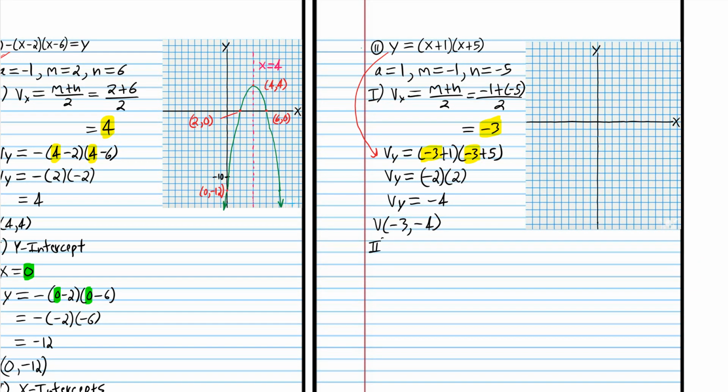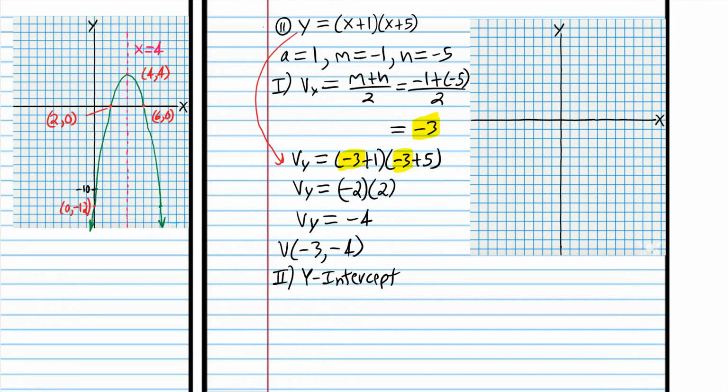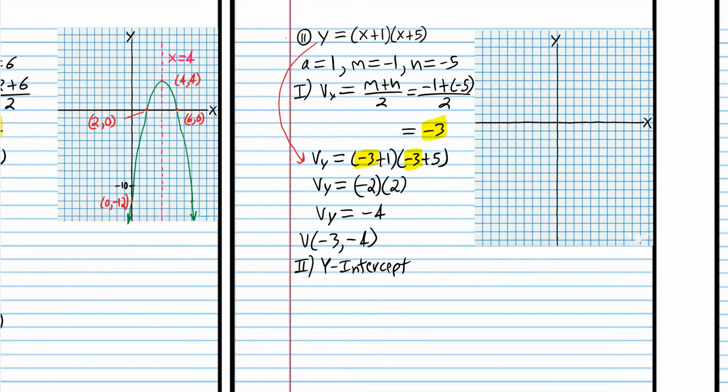All right, now on to step 2, we're going to find the y-intercept. And to find the y-intercept, as usual, we're going to let x equal 0, and then plug in 0 to the original equation. So y is equal to 0 plus 1 times 0 plus 5.